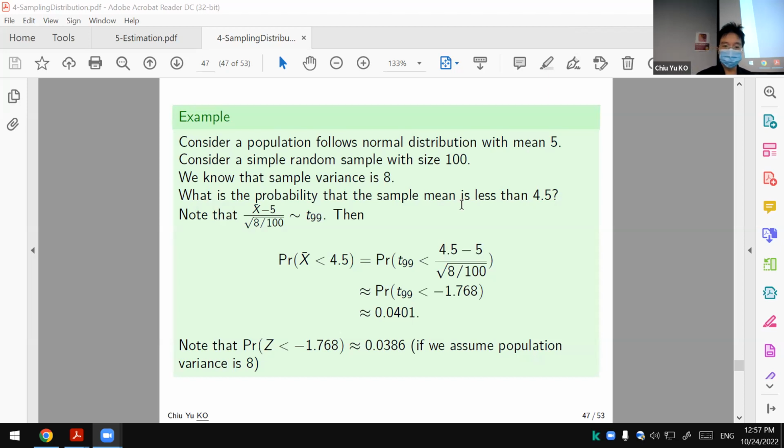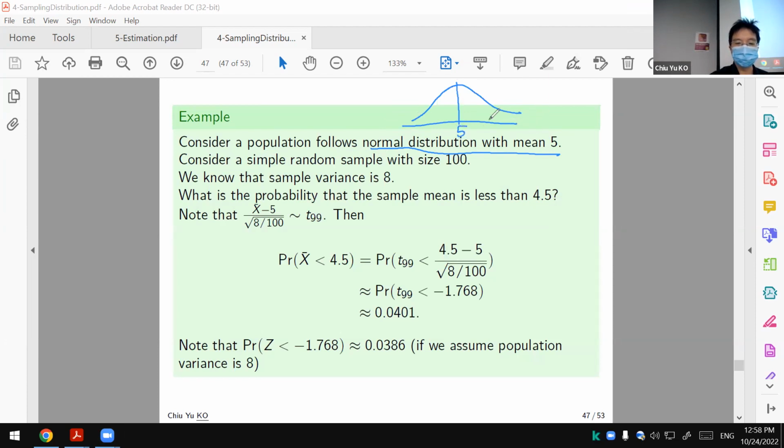So this question is the following, okay? We have a population with a normal distribution with mean 5. That is the normality assumption, okay? We need this for the T to work. What we have here is a bell curve, where mu is 5.